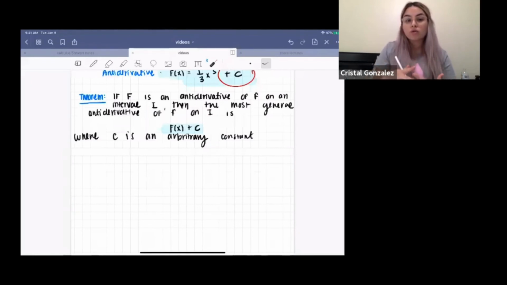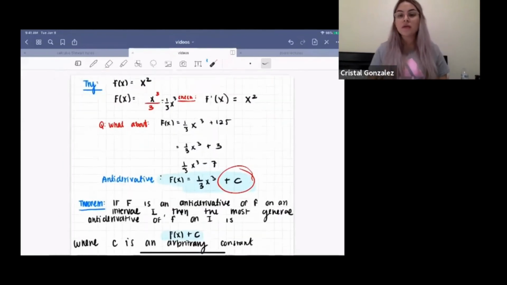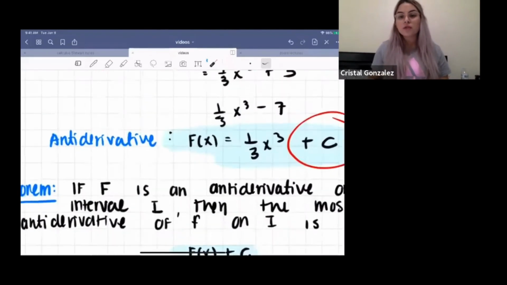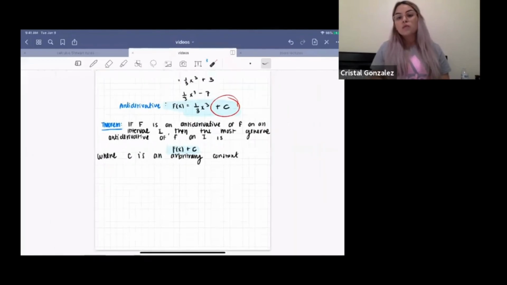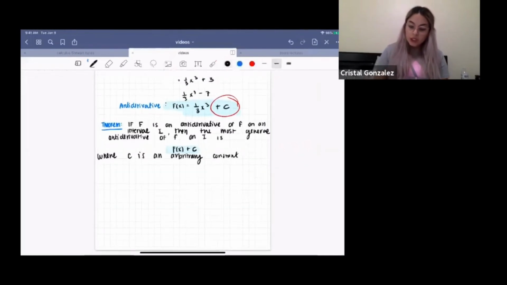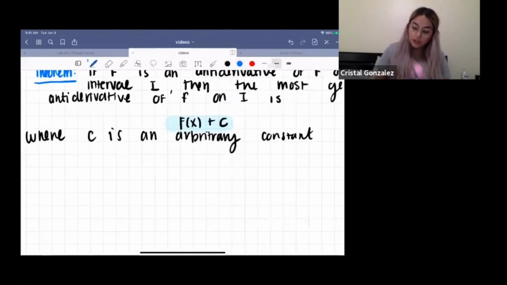So what I want to do is introduce some notation for you, which they don't start talking about till the beginning of chapter 5, but I think it's a good place to introduce it right now, which is what's going to be called the integral sign. So we're going to introduce some notation here, just really quickly.